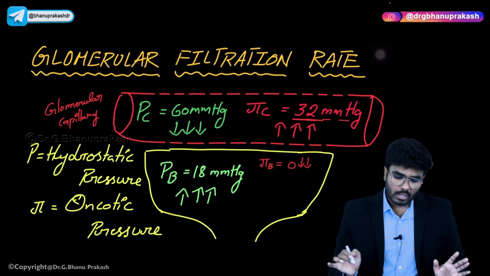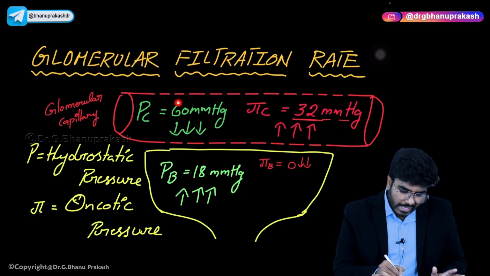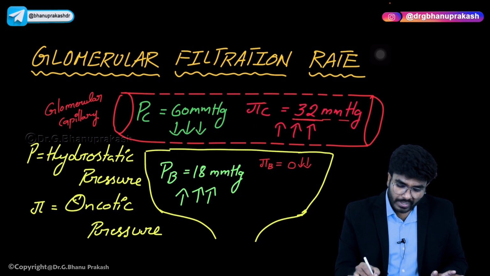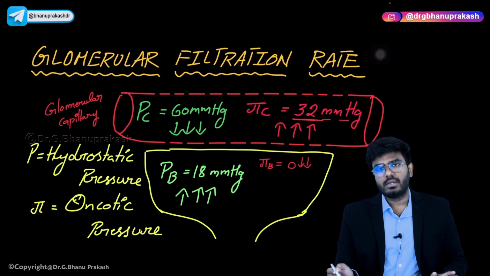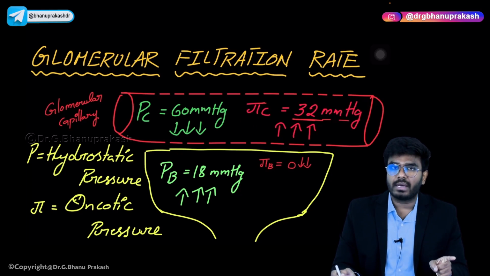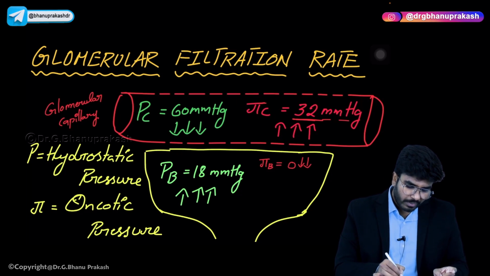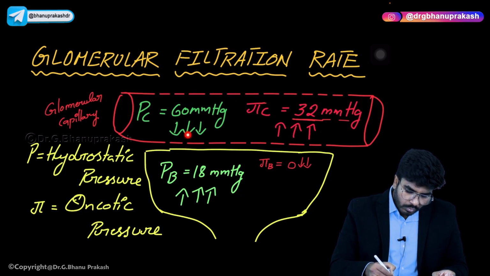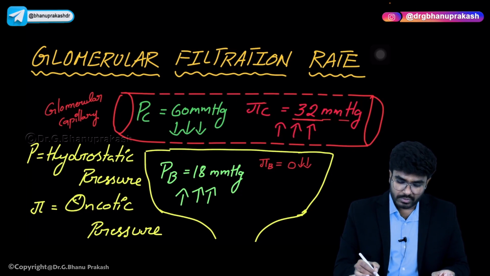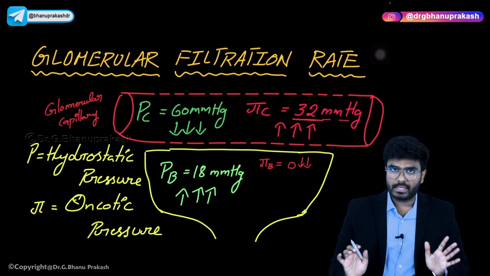Now tell me guys, which is more? Hydrostatic pressure is more when compared to osmotic pressure. Hydrostatic pressure is because of the plasma fluid, and osmotic pressure is because of the albumin. One pressure is trying to move the plasma towards the Bowman's capsule. The other, the osmotic pressure, all the time wants the plasma to stay in the capillary.